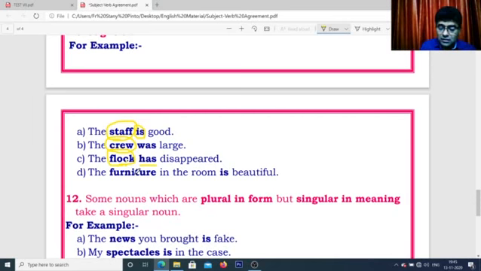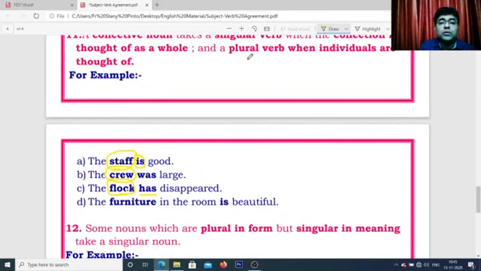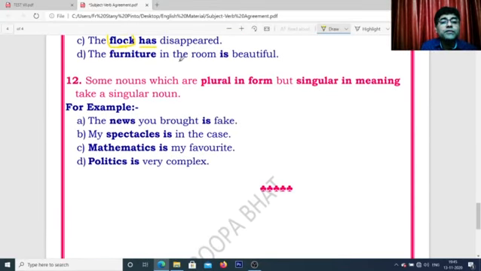Now see here, the last part of the rule says plural verb when the individuals are thought of. When is that? For example, the furniture in the room is beautiful. In the room there is a table, there is a chair and some other 2-3 chairs and there is a sofa, so many things.